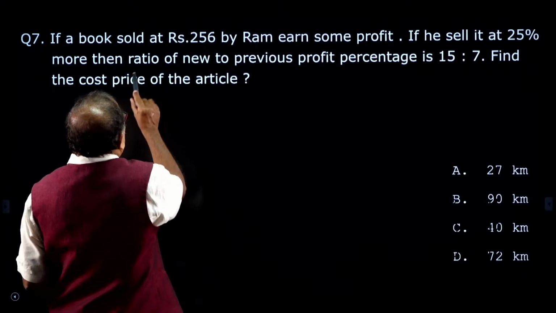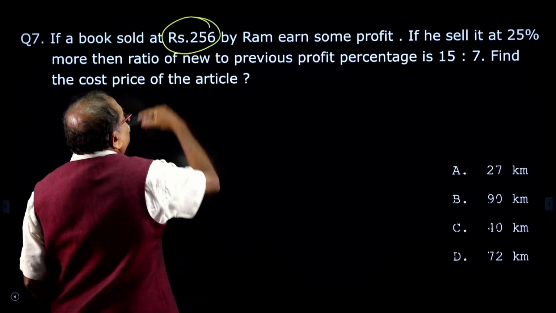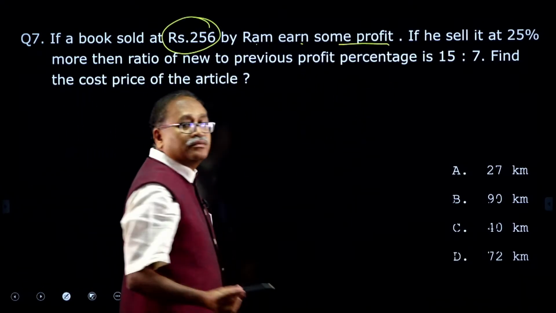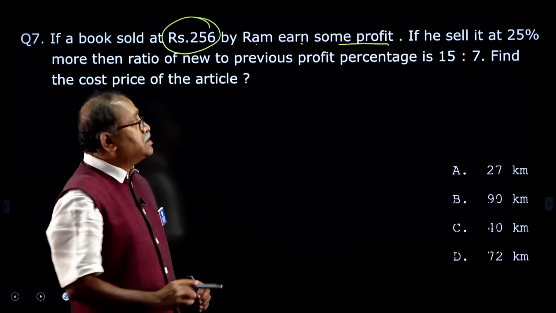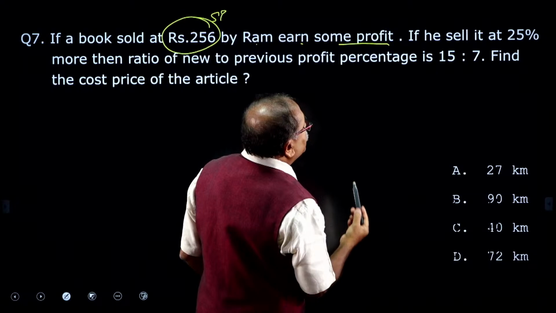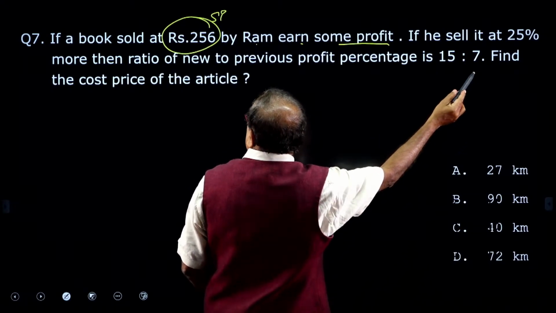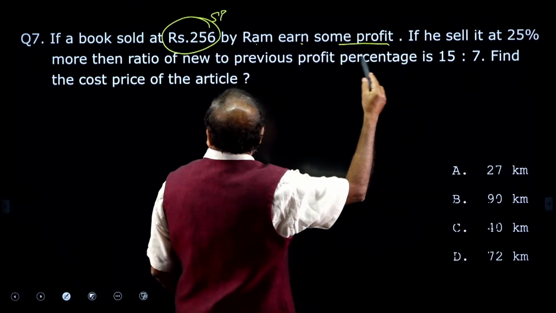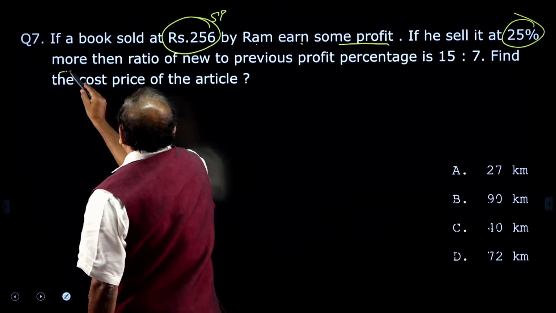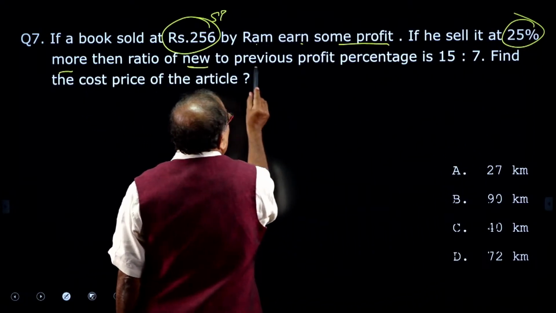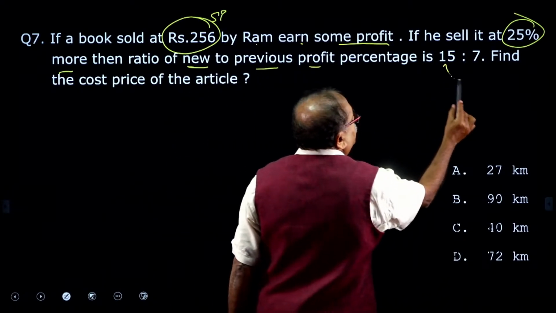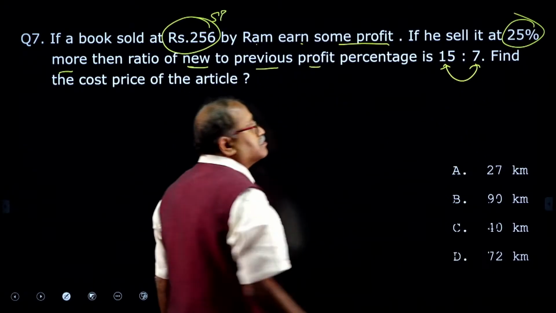Here, a book was sold for rupees 256 by Ram and he earned some profit. So, in this case there is a profit and I have the selling price here. Now, if he sells at 25% more, okay, then the ratio of the new and previous profit will be 15:7.